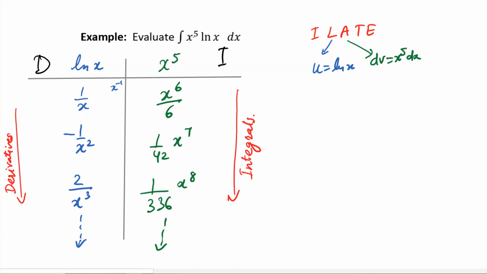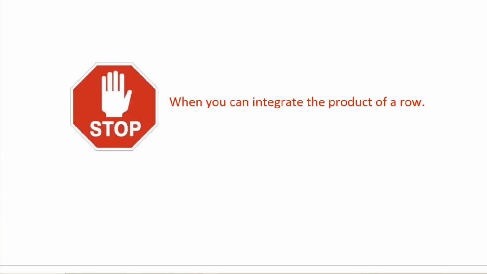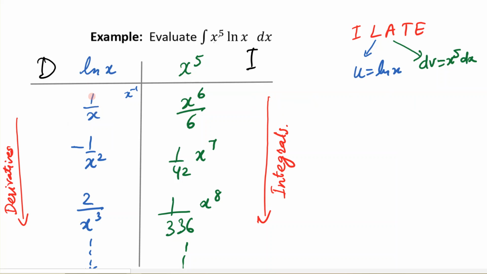So how do we decide where to stop in this case? In these cases, we stop when we can integrate the product of a row. Whichever row's product is easier to integrate, we stop there. So stop when you can integrate a row. In this case, if we take the product of ln x and x raised to the power 5, we don't know how to do this integral.